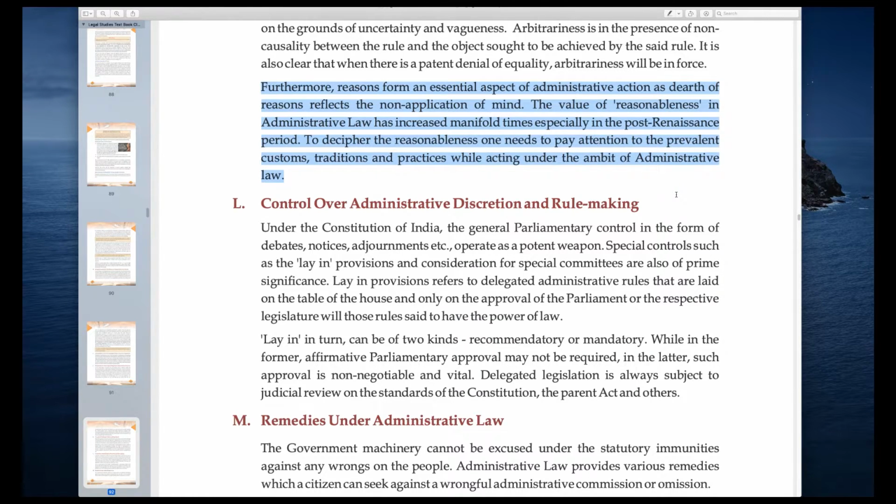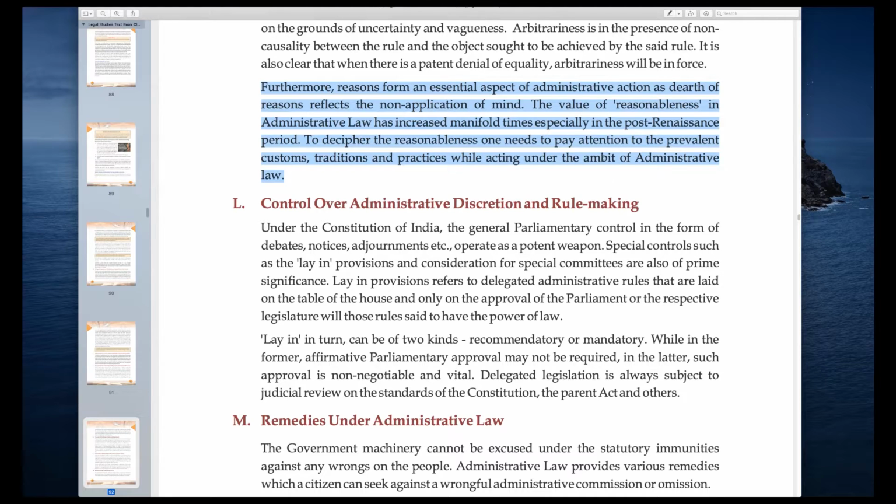So what is reasonable and what is not? Whatever policies are made by administrative bodies are applicable to the society for whom they are made, and that depends upon the time. If something is reasonable today, it may not be reasonable after a few years. So accordingly it needs to be changed.